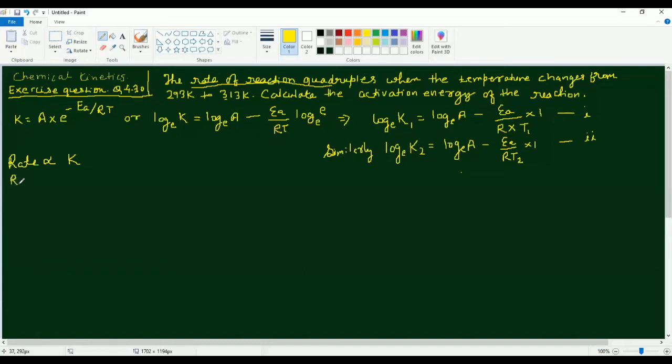So if rate 1 is to rate 2 is proportional to K1 is to K2, then we can write that 4K1 is equal to K2. Means K2 is 4 times of K1. It quadruples. It is given here.